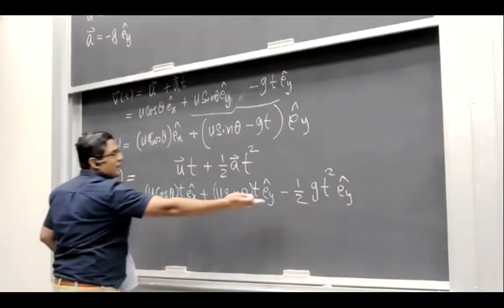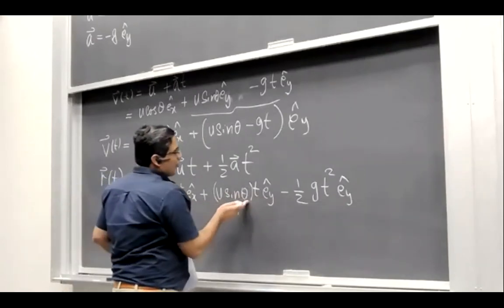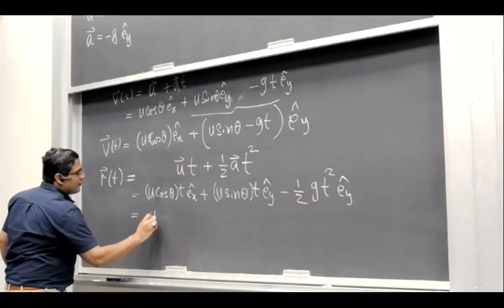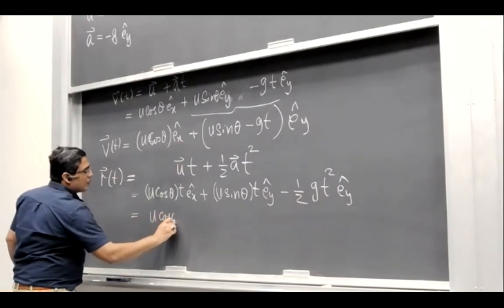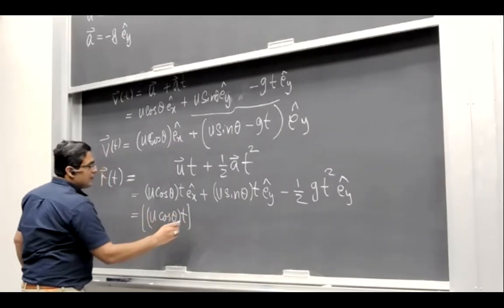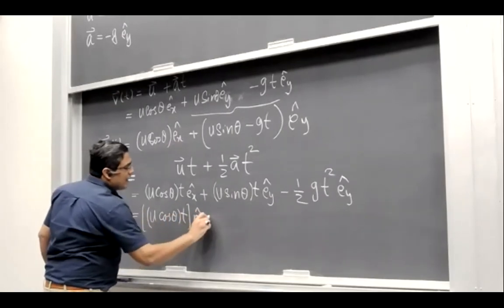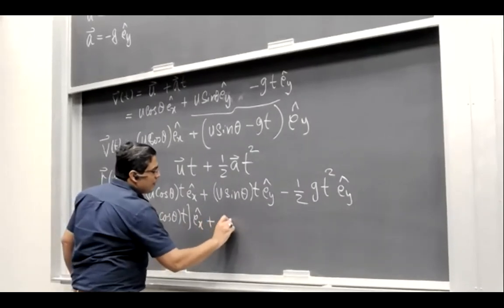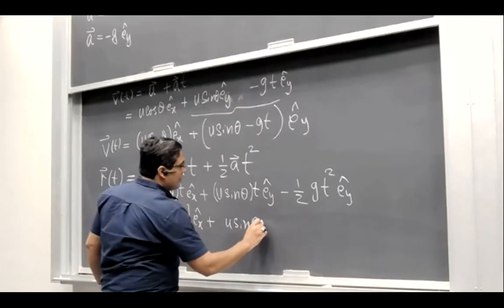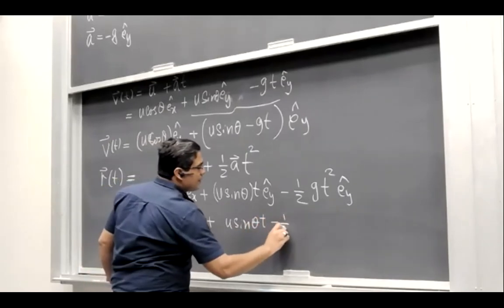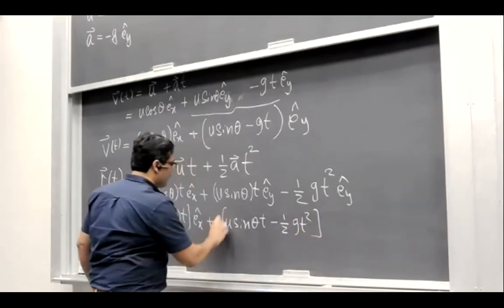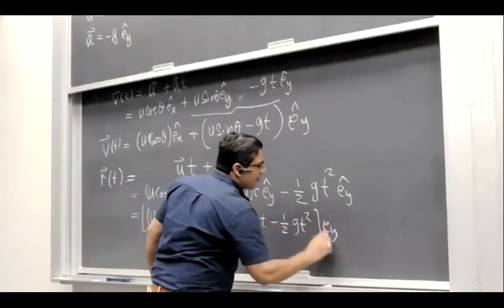Again, you can combine the coefficients of the unit vector y. So you will get u cosine theta t ex plus u sine theta t minus half gt squared ey.